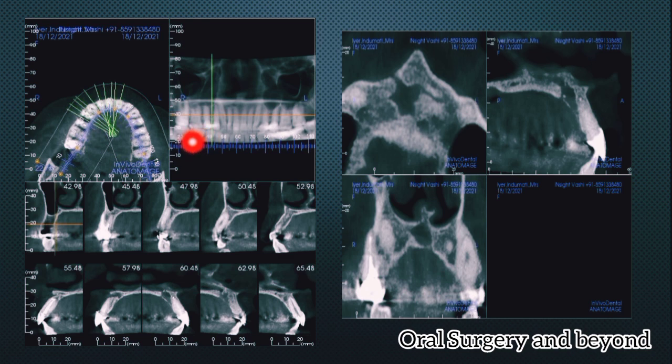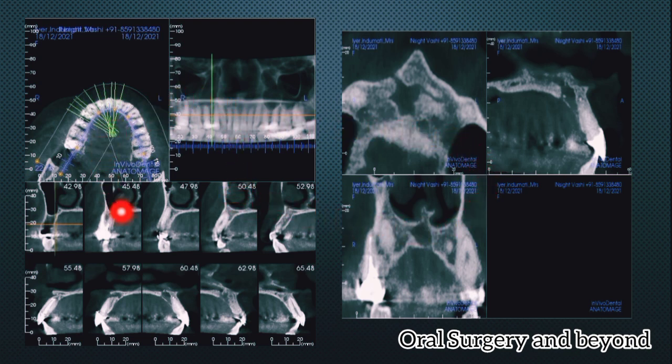So tomography means with the help of radiology we are able to see a particular part of the anatomy of the human body in three different directions or three different views. Like here we are seeing the coronal, sagittal and axial sections of the CBCT.